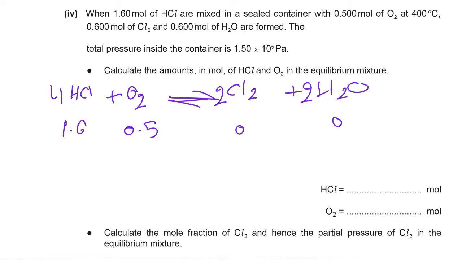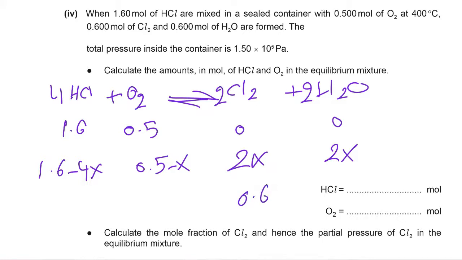So that means 1.6 minus 4x, and 0.5 minus x, and here you have 2x, and here 2x. How many mole of chlorine is formed? 0.6.